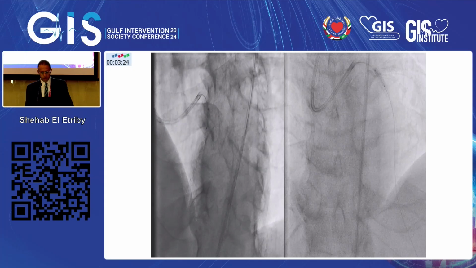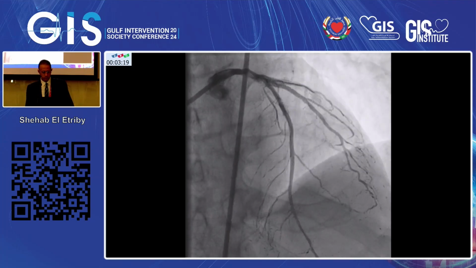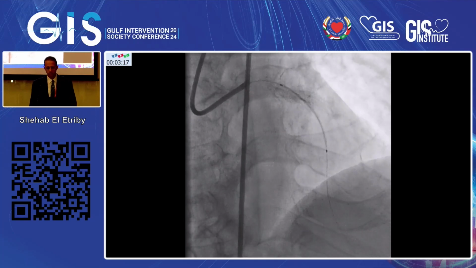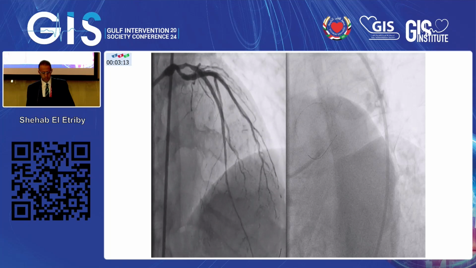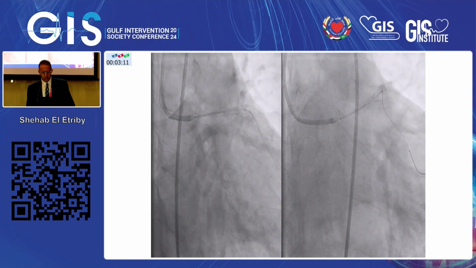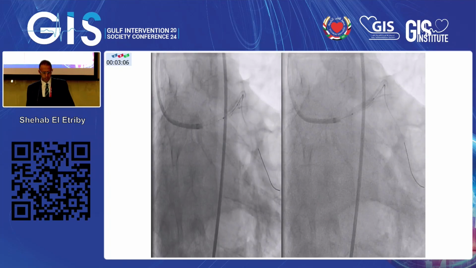It was a 3.0 balloon. And then we put a stent, 3.0 by 38, in the LAD. And then a proximal stent.